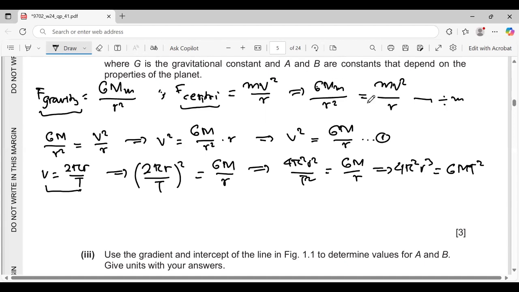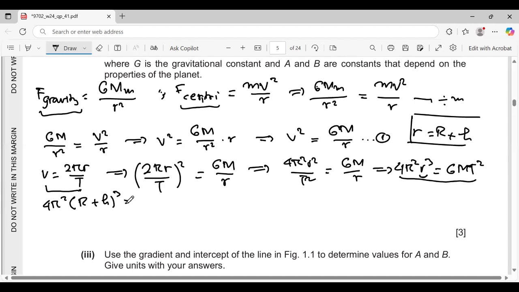Okay, let's continue. Since r equal R plus h, where R is the radius of the planet and h is the height of the satellite above the surface, we can write this equation like this: 4 pi squared, r cubed becomes (R plus h) cubed, equal GMT squared.